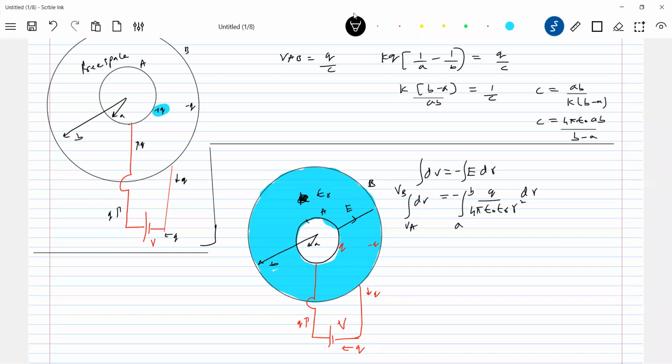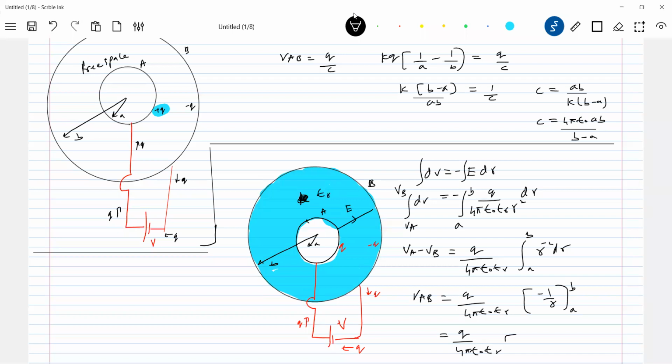So the integral runs from A to B. VA minus VB equals Q by 4 pi epsilon r outside, times the integral of minus 1 by R squared. Everything is the same, only that epsilon r additionally comes. Therefore VA minus VB by Q is (B minus A) by 4 pi epsilon r AB.